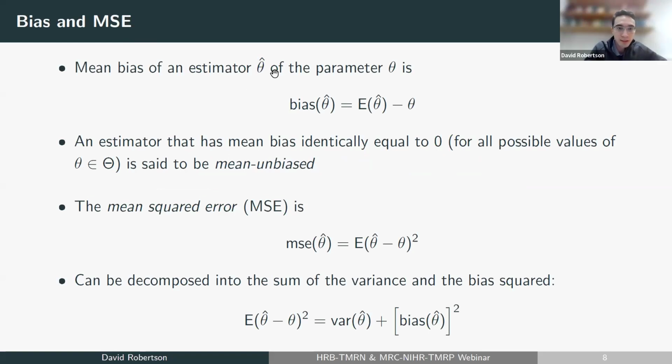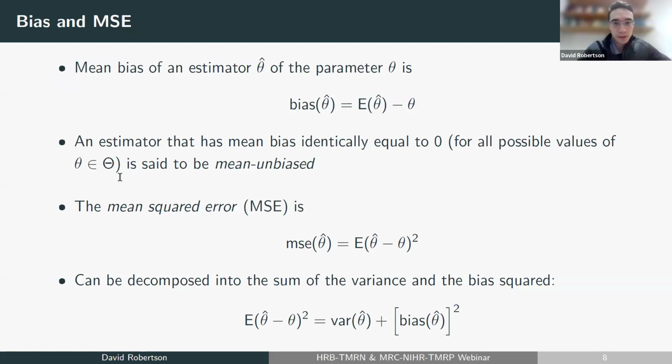So if we have some estimator theta hat, then the mean bias of the estimator is just the expected value of the estimator minus the true value of the parameter. And if this mean bias is identically equal to 0 for all possible values of theta in our parameter space, this estimator is said to be mean unbiased.